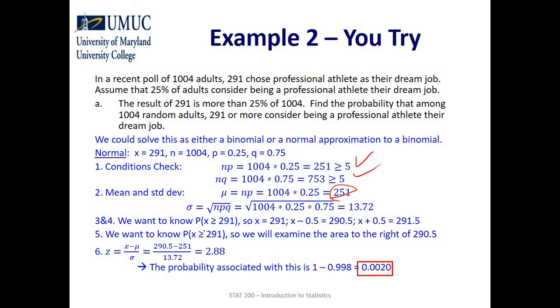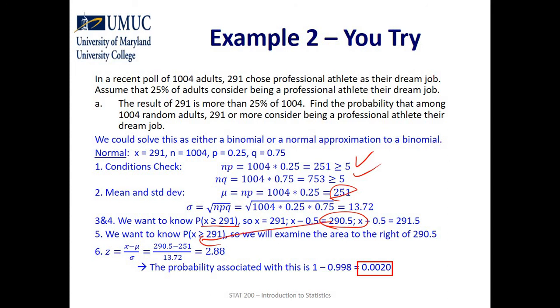Alright, so we want to know the probability that x is greater than or equal to 291. So x equals 291, x minus 0.5 is 290.5, and x plus 0.5 is 291.5. But we want greater than or equal to, so we're going to use this lower limit here. Alright, and that's what we use down here.